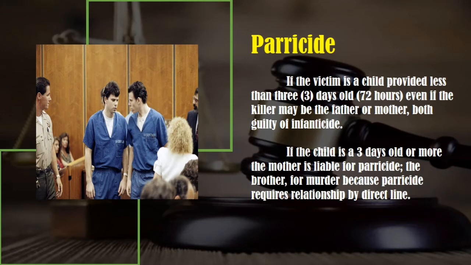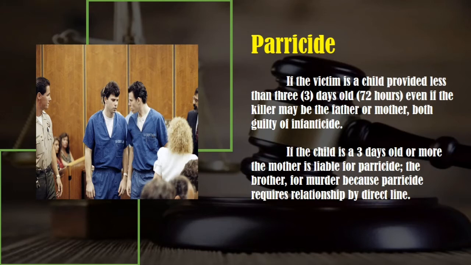So remember, class, in the case of infanticide, concealment of dishonor is extenuating or mitigating only in the mother's case. And please remember also that infanticide is based on the age of the victim, whereas parricide is based on the relationship between the offender and the victim.